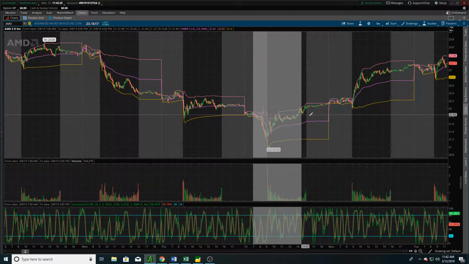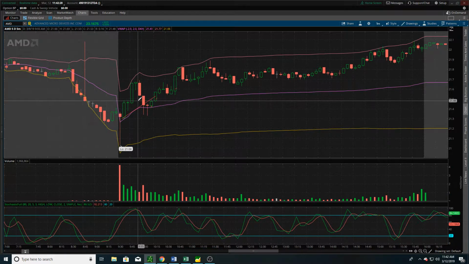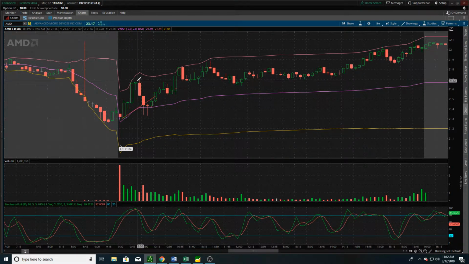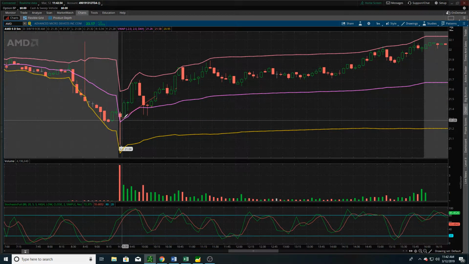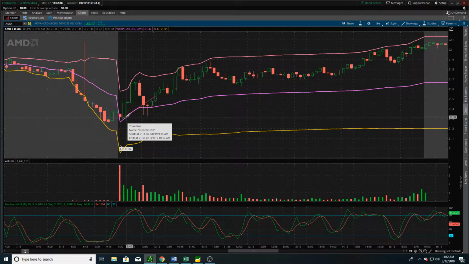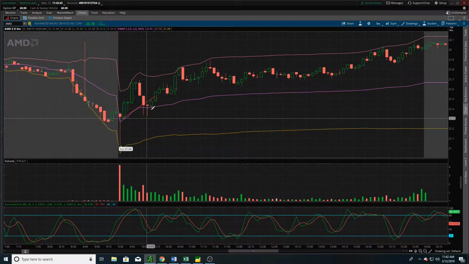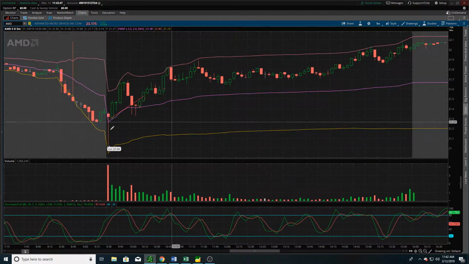So we're using AMD right here, which is a very popular stock. Look right here, it breaks straight through VWAP at the start of the day, which means something, though not as much in the beginning, because it needs that volume in order to actually calculate VWAP. But then as you see right here, it goes straight below it, comes right back up, and then it stays above.